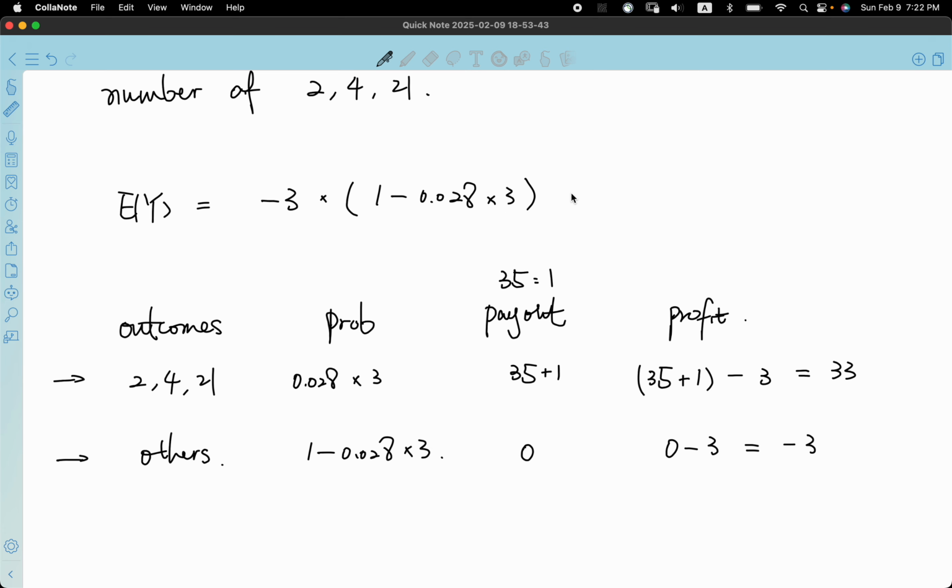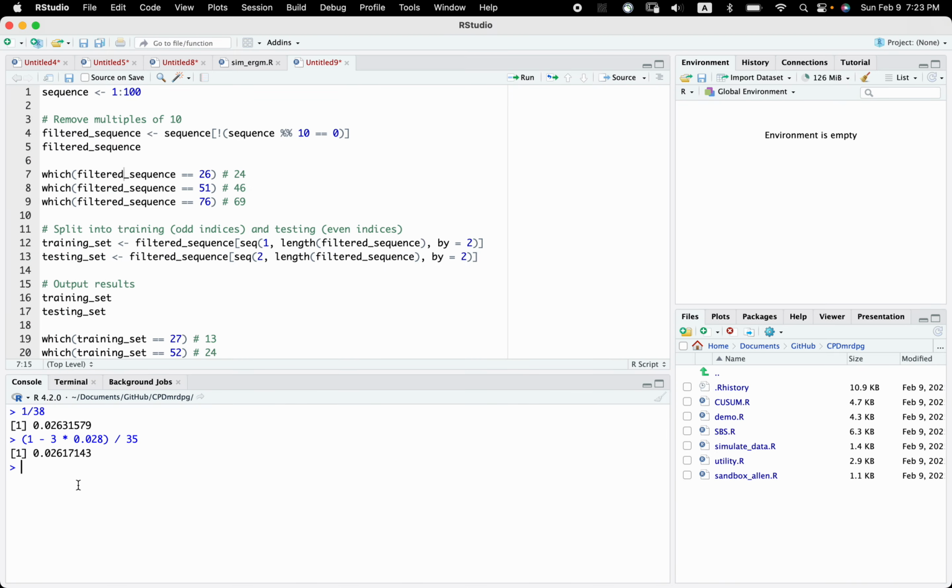And we also need to add the winning case, so 33 multiplied by 0.028 multiplied by 3. Now we just need to calculate this particular number: -3 multiplied by 1 minus 3 times 0.028, plus 33 multiplied by 0.028 multiplied by 3.